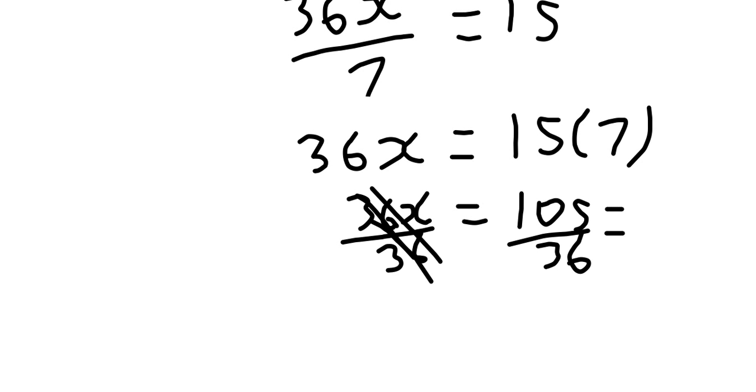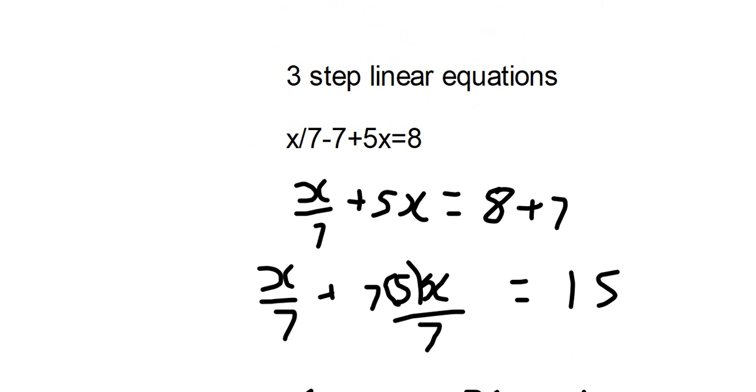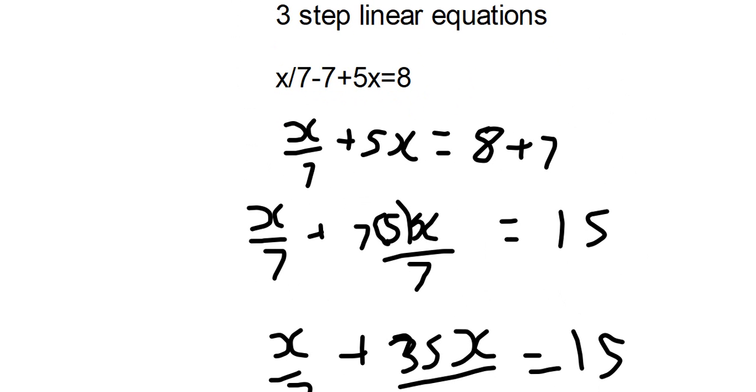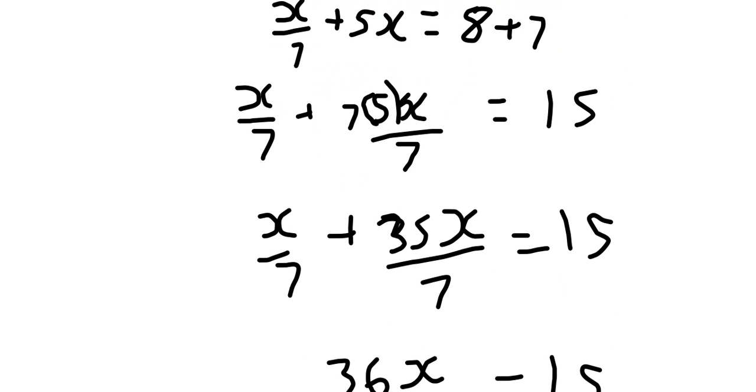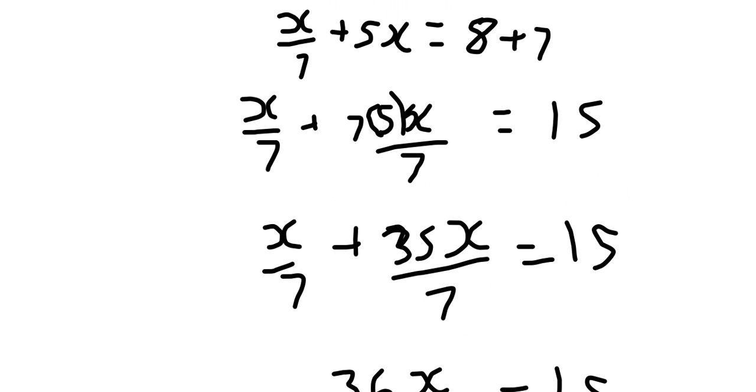So just let me recap here. We started with x over 7 minus 7 plus 5x is equal to 8. I added 7 to both sides, giving us 15 on the right and getting rid of the minus 7 on the left. We then had to turn that 5x into a fraction over 7, so I multiplied it top and bottom by 7, giving me 35x over 7.